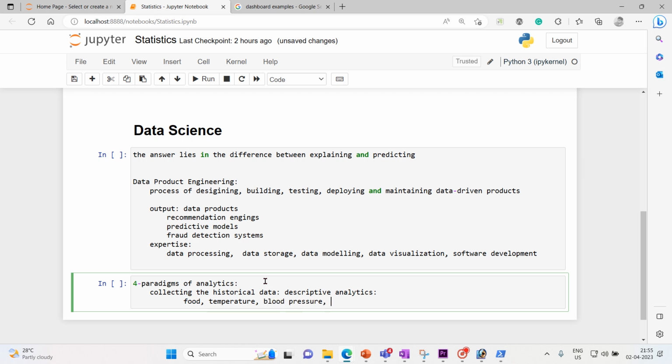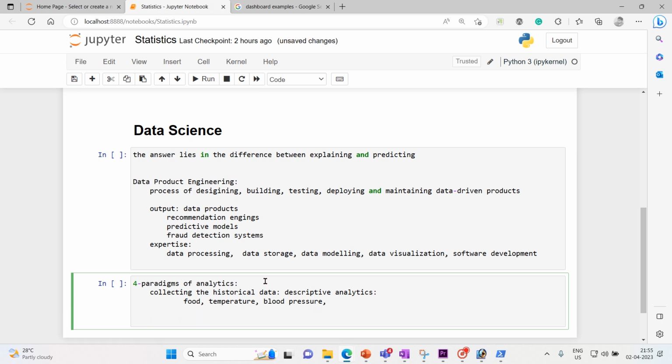So these are some of the variables he will check. Once he gets all the values, this is the blood pressure, this is the temperature, this is the food you had before. He will keep all things in one place. This is your descriptive analytics. The first step is done.